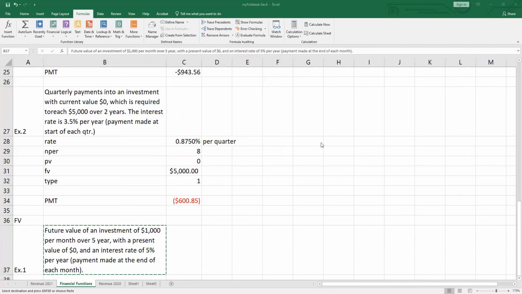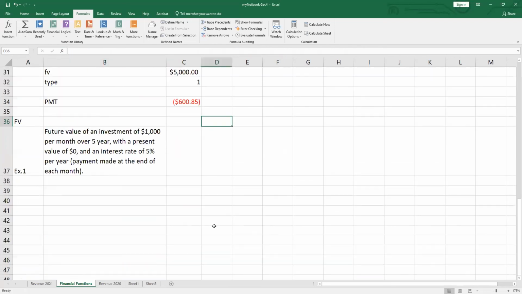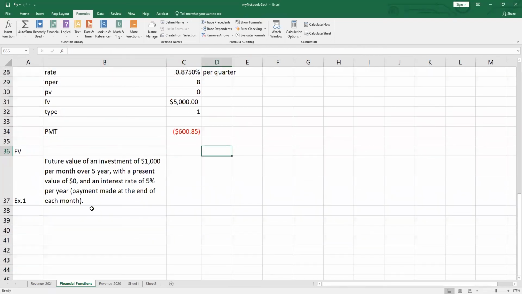Okay, so in this example, you are asked to find the future value of an investment. Before we talk about the interpretation of this question, let me put all of my required arguments first. These are what we want in the argument list.